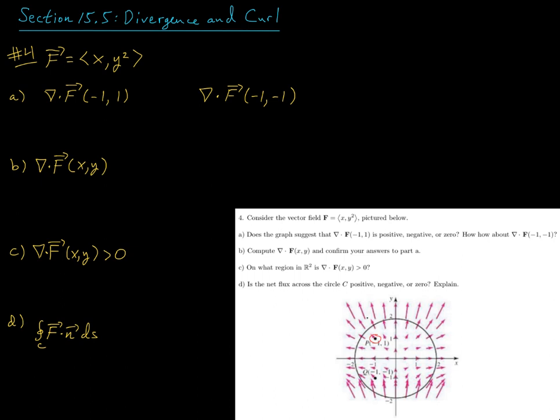Notice the magnitude of the vectors are larger up here than they are down here. So from this plot we can see there's going to be greater outward flux contributed up here than there will be inward flux from the regions down here. So for that reason, the divergence at this point will be positive.